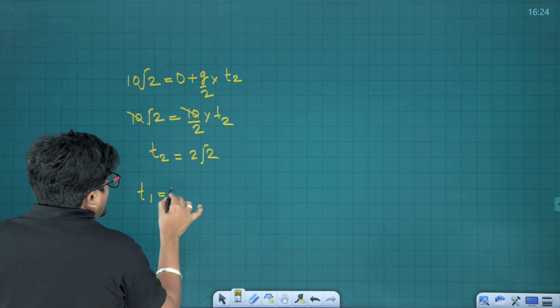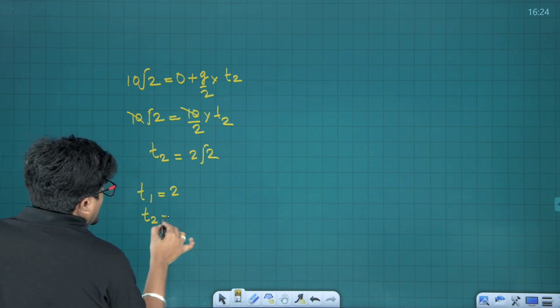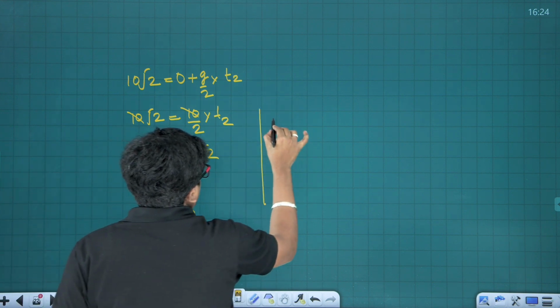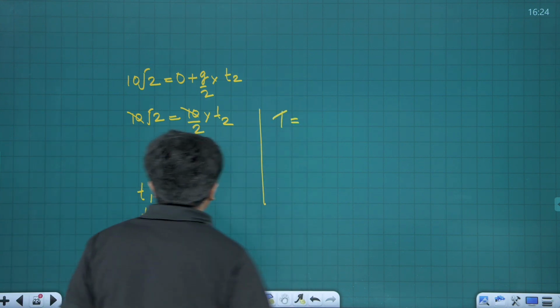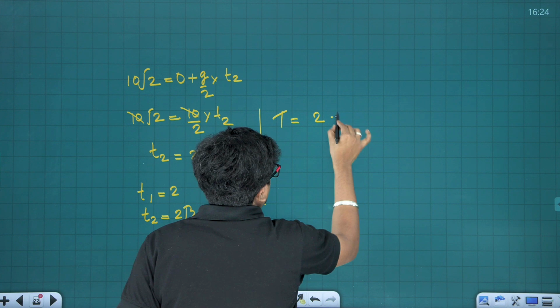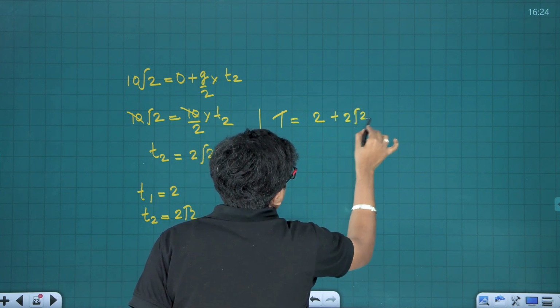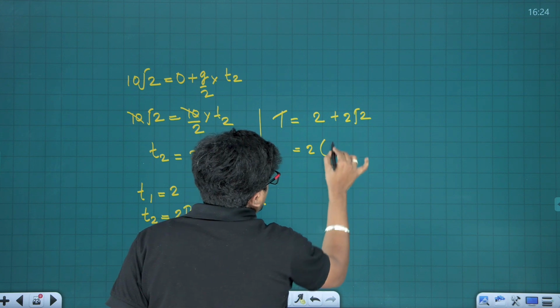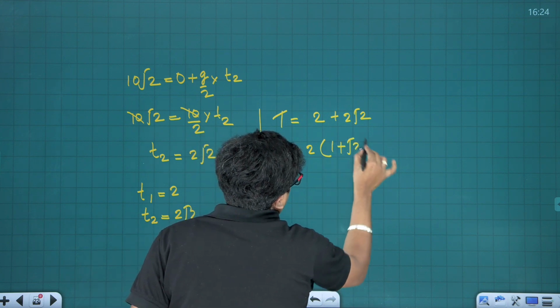Now what was T1? T1 was 2 seconds, and T2 we got as 2 root 2. Now the total time taken, capital T, is going to be 2 plus 2 root 2. Here I can take 2 common, so this is 2 times (1 plus root 2).